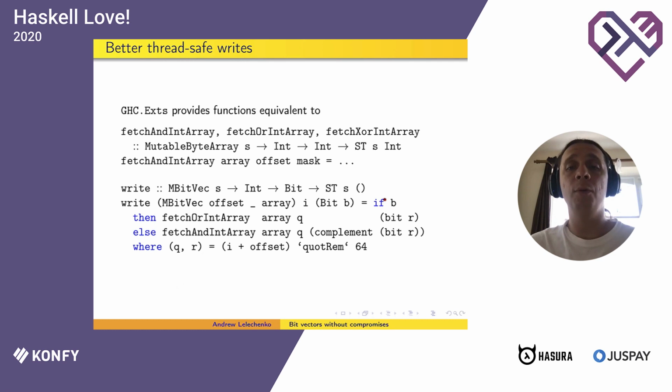If we want to write a true bit, then we apply OR with a word containing the required bit set. And if we need to clear some bit, then we use atomic AND with a word where everything is set except that particular bit. So this gives us a safe, thread-safe version of the write function. And thanks to these primitives, it's not terribly slow. It's maybe 20% slower than the usual approach.